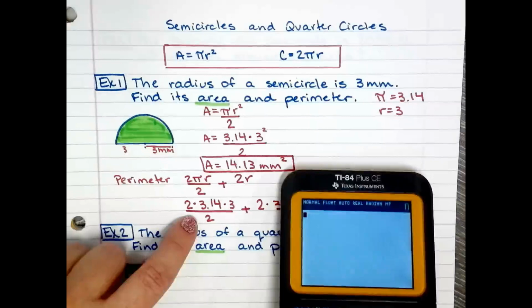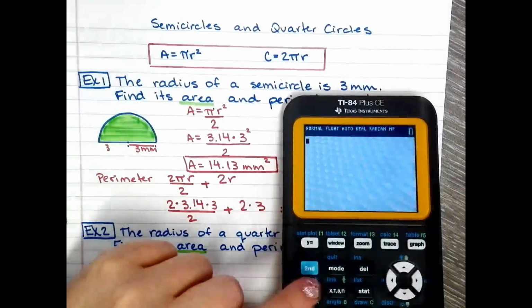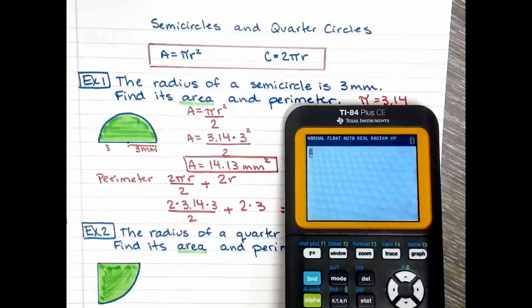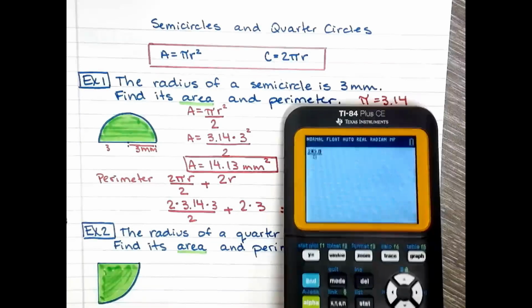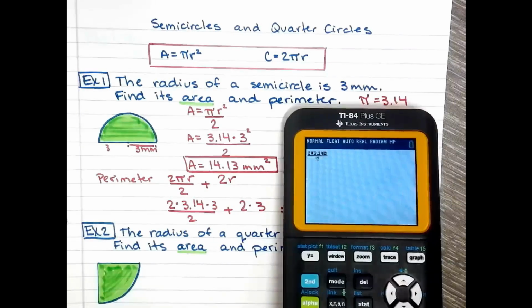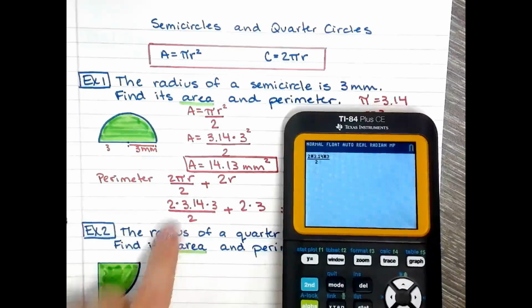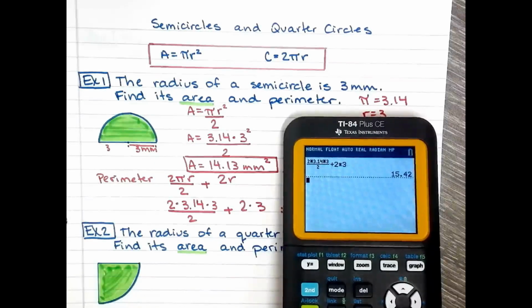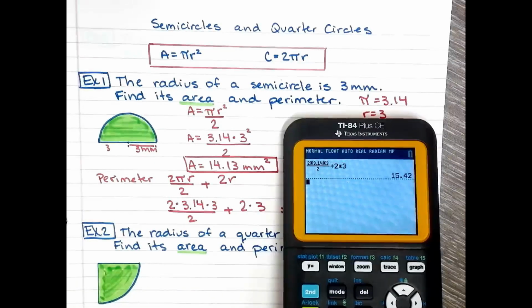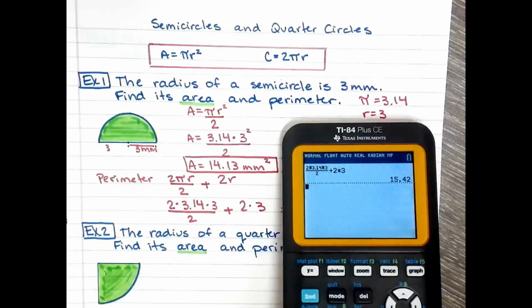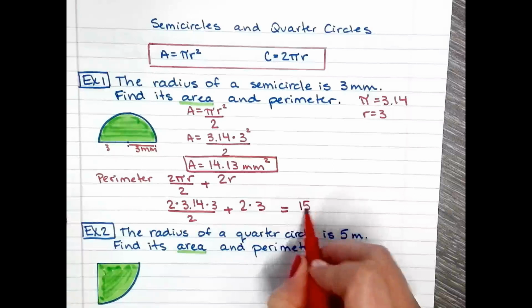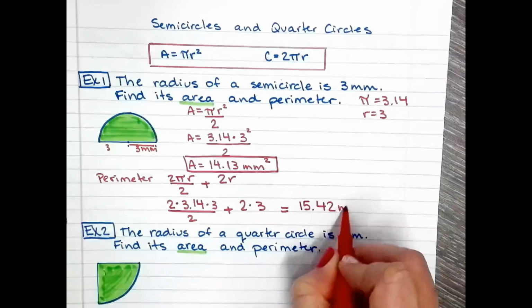For the fraction, you can press alpha, that's the green button, alpha, y equals, enter, and then put the whole thing in there: 2 times 3.14 times 3 divided by 2 because it's only half of the circumference, plus 2 times 3. That will give you 15.42 millimeters. That's the perimeter, the length of the go-around right there.